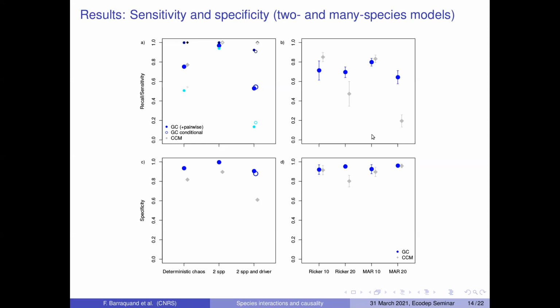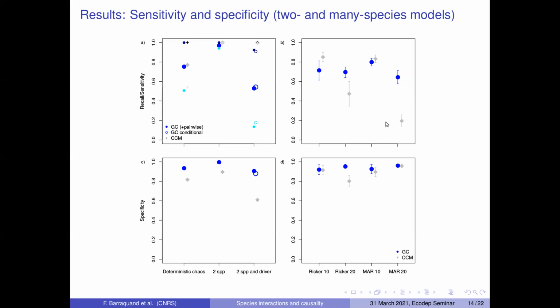When we go to the many species cases, as you can see in blue, you have the performance of Granger causality, which is overall fine, both in terms of sensitivity and in terms of specificity. You expect that the sensitivity won't be perfect with such large networks.